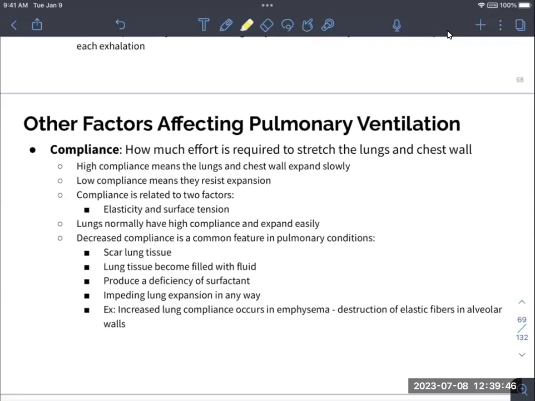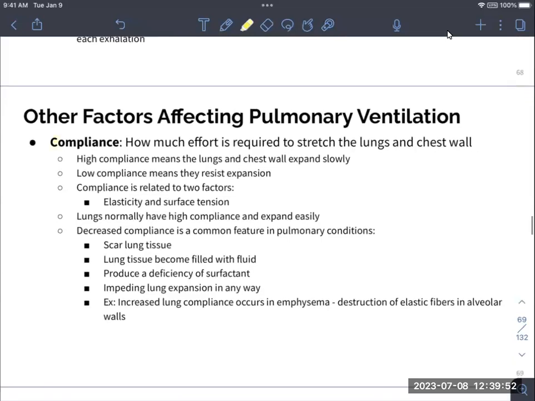Compliance is something else that plays a role in our breathing. Compliance is how much effort is required to stretch the lungs and chest wall. If we have high compliance, the lungs and the chest wall expand easily.